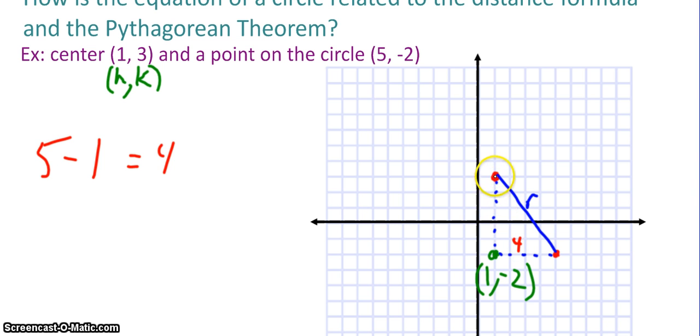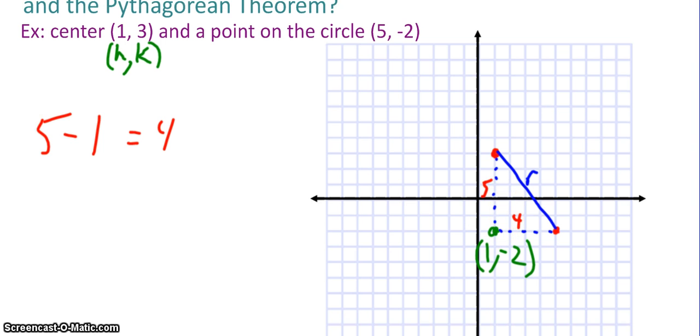The distance from the center, which is (1, 3), to the point (1, -2), is going to be -2 minus 3, which is -5. However, we're talking about a distance, so we're going to write in positive 5.